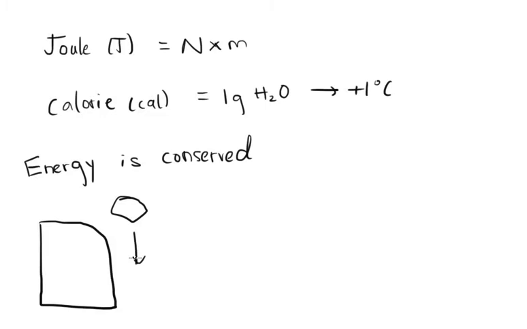So now let's talk about system versus surroundings. These are just two terms for how we label certain regions of thermochemistry.